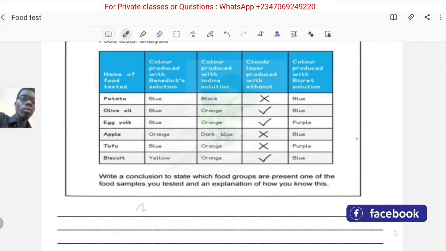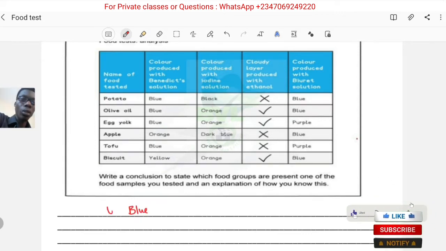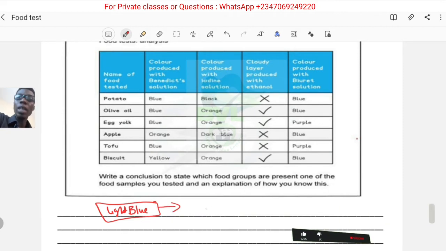The color of Benedict is blue, I would say light blue, so to say. So if you add Benedict solution to a sample, and that sample does not contain sugar, which we use Benedict solution for, it will still remain light blue. So that means it's negative.